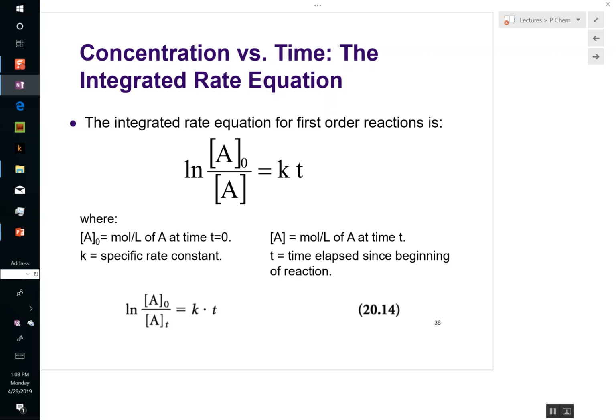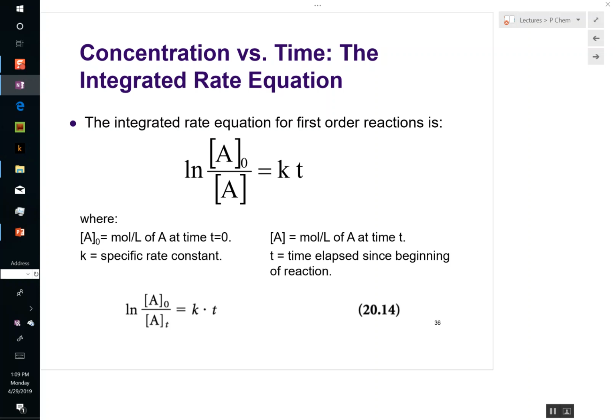We'll see in just a second when we look at half-lives of these first-order reactions that you can work off of percents. You don't have to work off of molarity. But good question, because we are using the brackets there to indicate molarity, and I pointed it out right here. But it's a little more versatile than that.